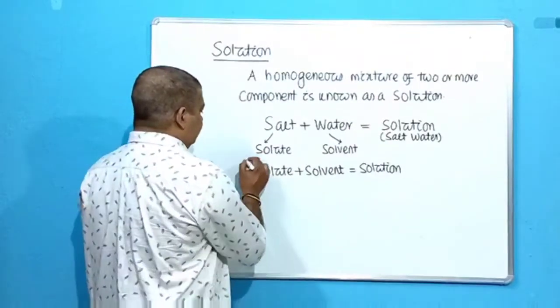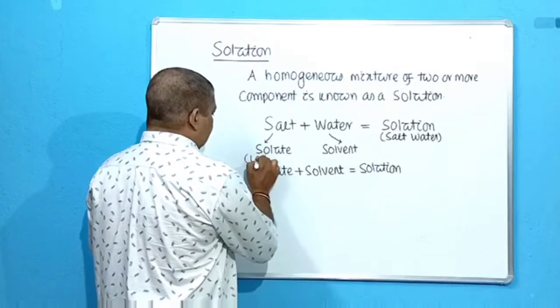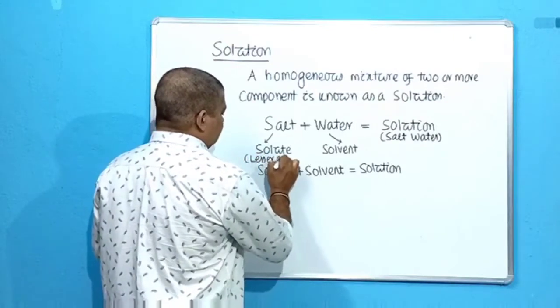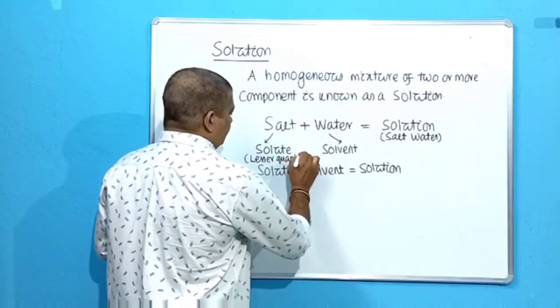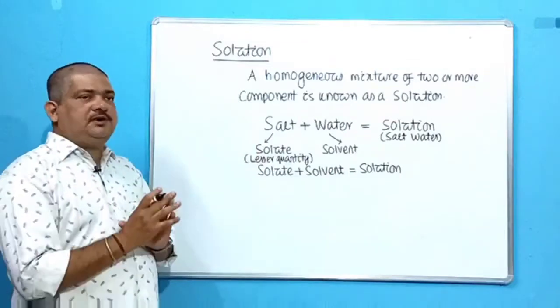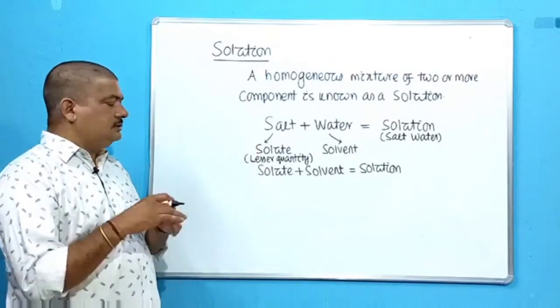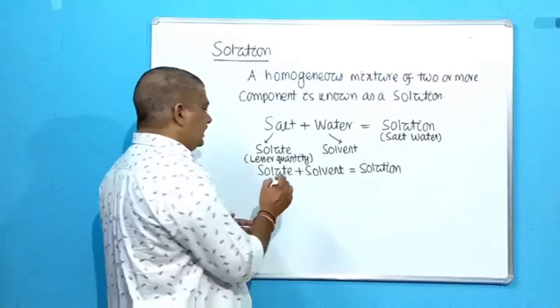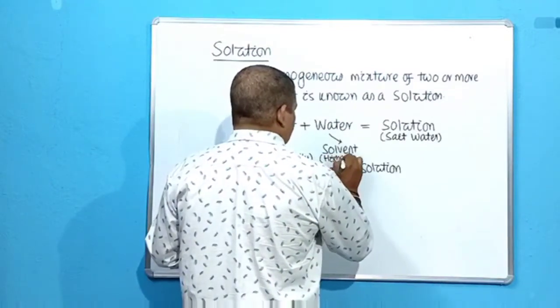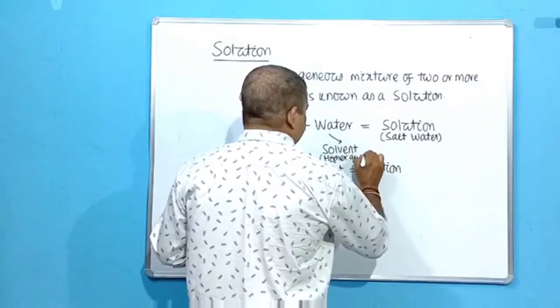So another formula is there. Whatever component is present in lesser quantity or lesser concentration is the solute. That which is present in smaller quantity is always the solute. That which is more is always the solvent. So it is present in higher concentration or higher quantity.